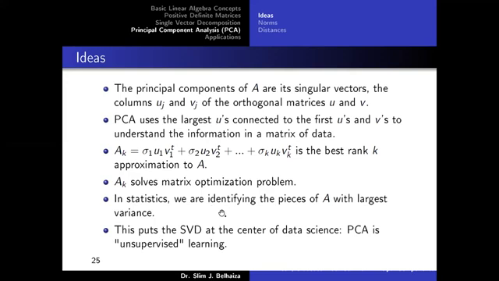This is not the case in data science. The SVD is, in fact, at the center of data science. PCA itself is what we call unsupervised learning, because we are mainly using powerful tools of linear algebra to study chunks of the matrix, to decompose the matrix.